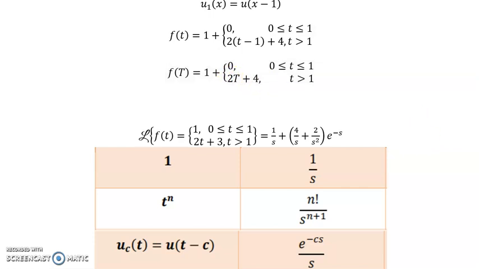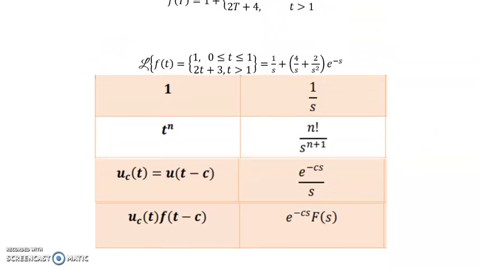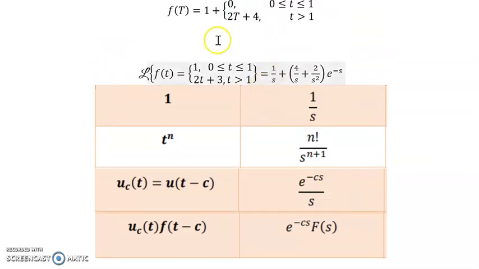Now, if we go down and compare our results, this 1 out here is just taken from this rule. It's outside the function. And then 2t plus 4, this 4 becomes 4 over s. And then 2t is 2 over s squared, applying this rule.